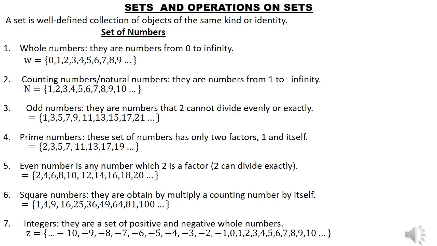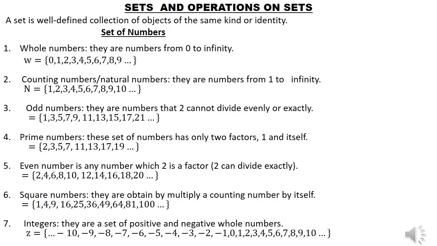We also have prime numbers. There is a set of numbers which has only 2 factors, and their factors are 1, which is a factor of every counting number, and also the particular number under discussion.